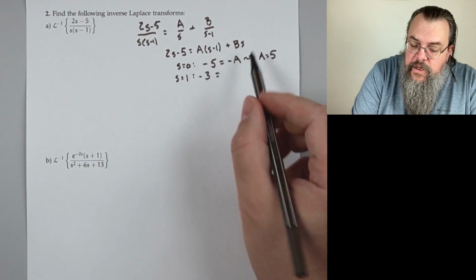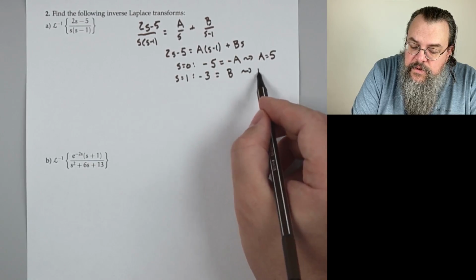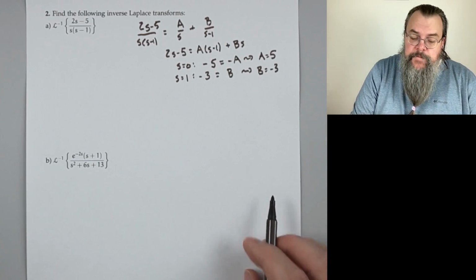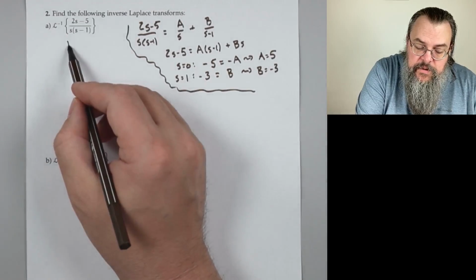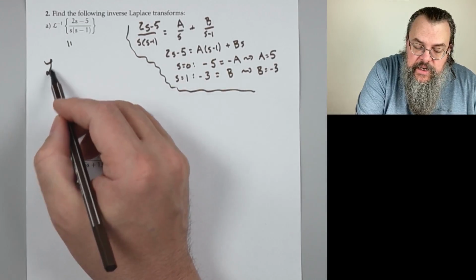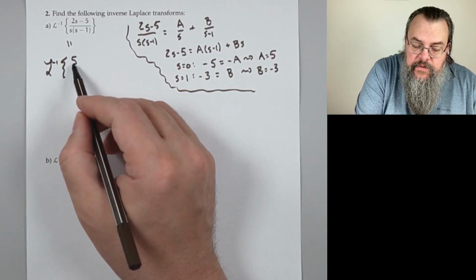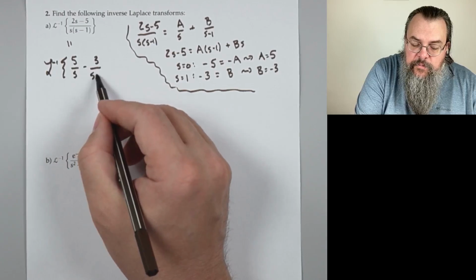First term goes away, and we get b times 1, which is b. Solve. Well, it doesn't really take a lot to solve that one. B is negative 3. Now, what that means is that this problem can be rewritten as the inverse Laplace of 5 over s minus 3 over s minus 1.